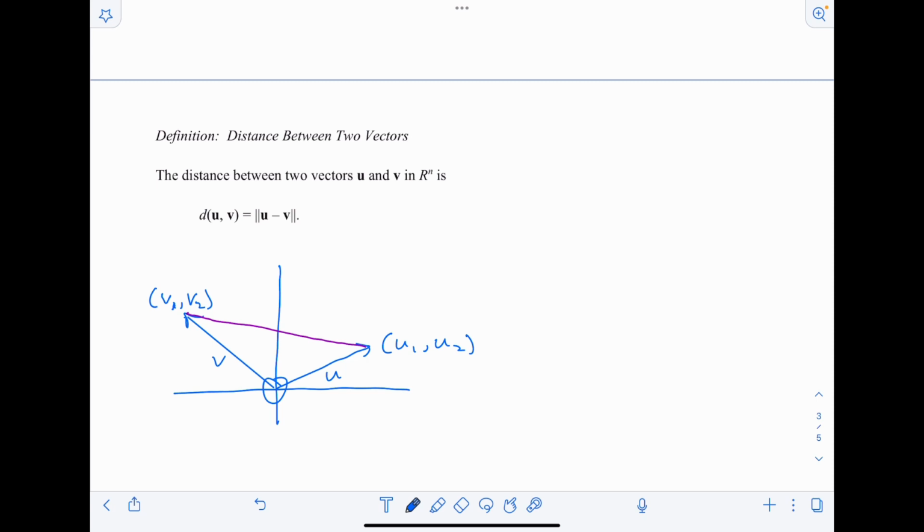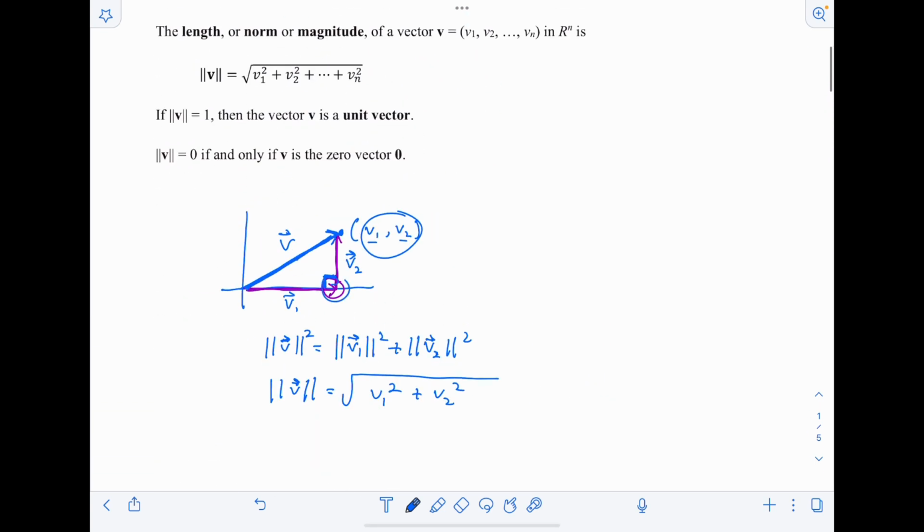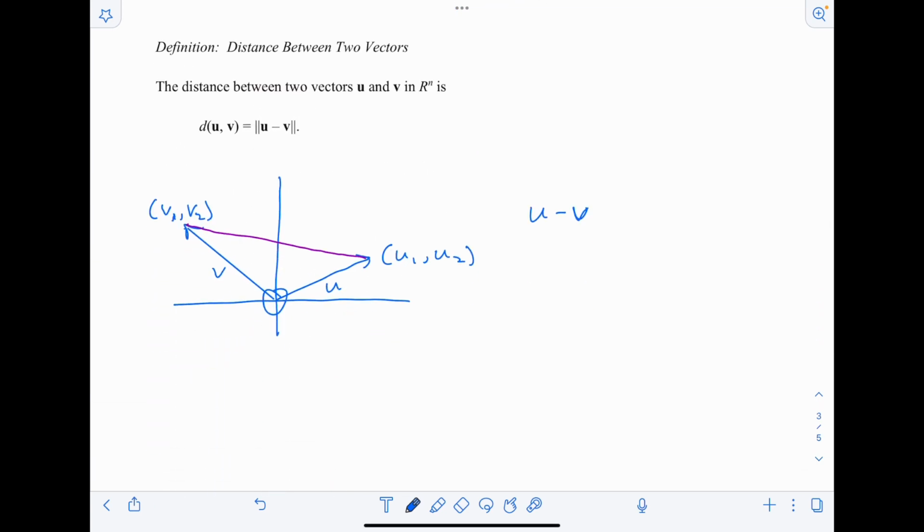If you recall, if I wanted to find u plus v, like we did before, we put them tail to tip, and that gives us the resulting vector when we add those together. But when we put those vectors tail to tail like this, the vector from tip to tip, or head to head, is going to be the difference of those vectors.